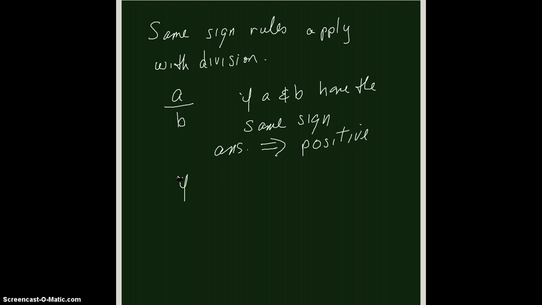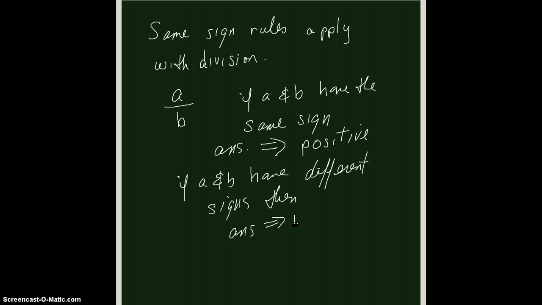On the other hand, if A and B have different signs, then my answer is going to be negative. Simple, right? Let's look at one more example.